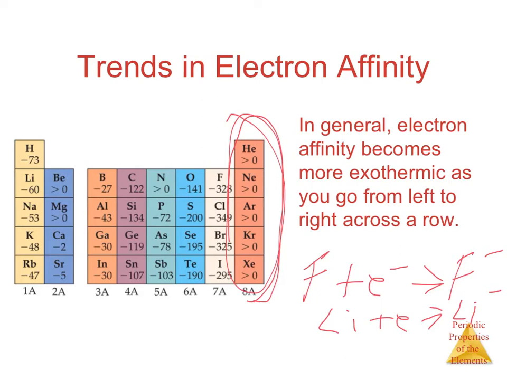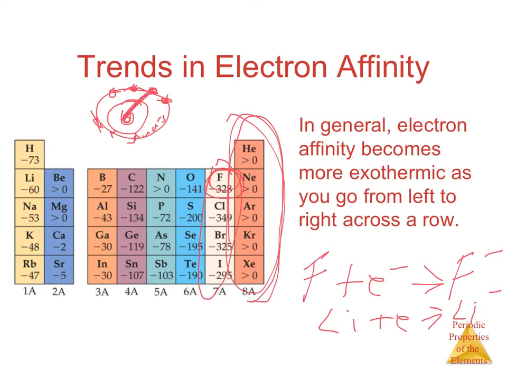If you think about going down, let's just think about the halogens, because usually when we're talking about electron affinity, we're talking about halogens. The atom that becomes the most stable by adding an electron is fluorine. If you think about it, all the halogens have 7 valence electrons, and adding one more makes it more stable because of the attraction with the nucleus.